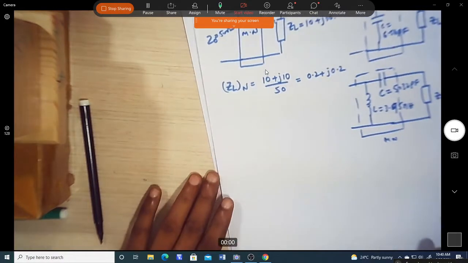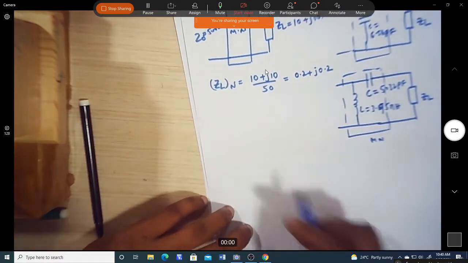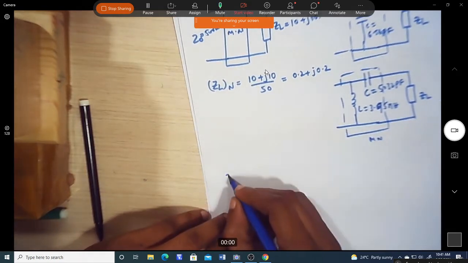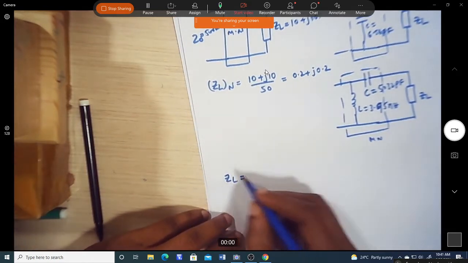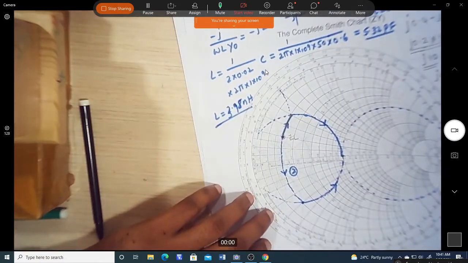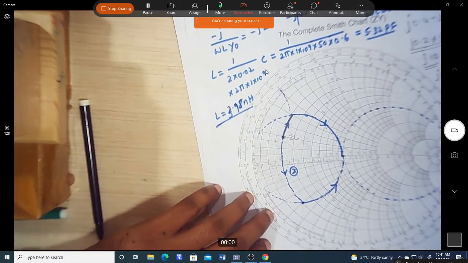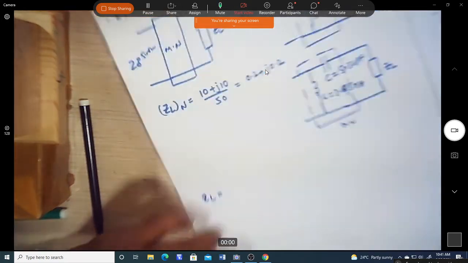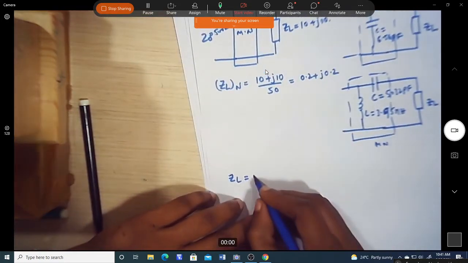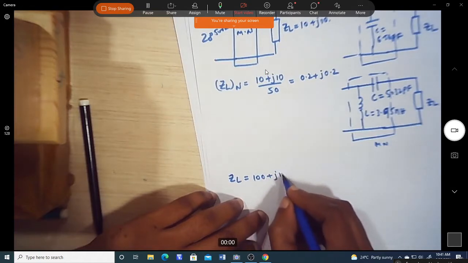So now let us take one more problem and try to do it. So take ZL which is equal to 100 plus J 100.